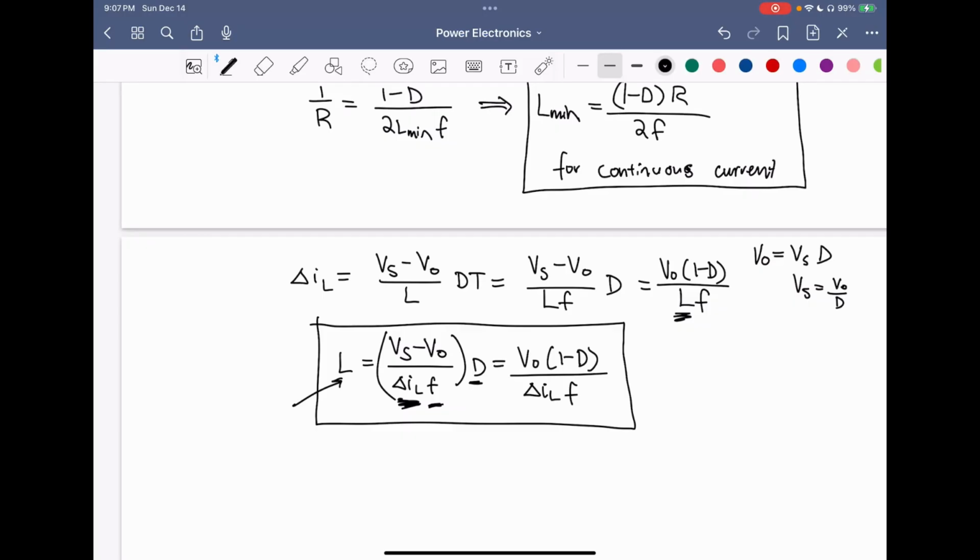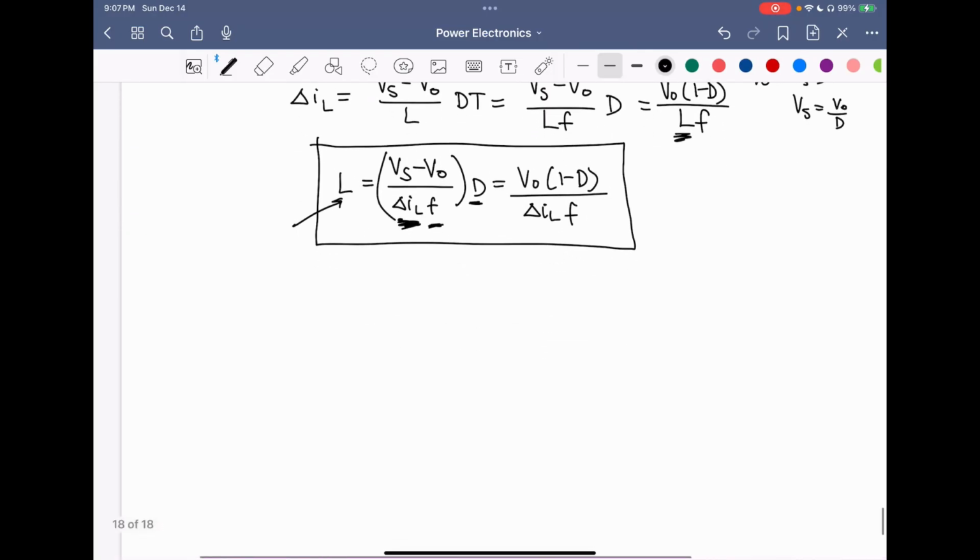So there's one more thing, is that because we're assuming that the components are ideal, the input power, P in, is equal to the output power P out. Now the input power is equal to the voltage source Vs times the input current Is, which is equal to the output voltage VO times the output current IO.